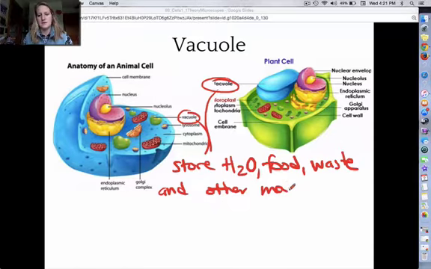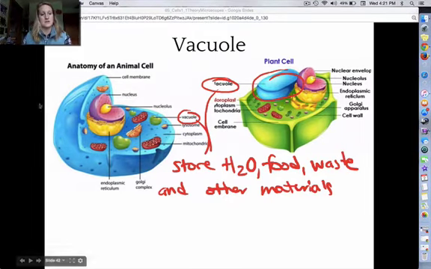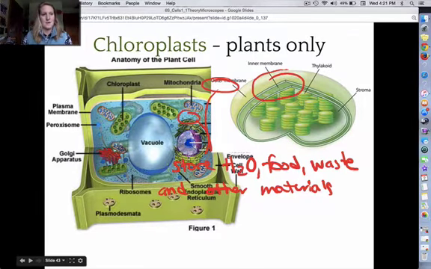Okay, and so it's pretty obvious why a plant cell really needs a vacuole and why it needs to be so large. It's, of course, to store that excess water or food that it doesn't need at that point because it's too cold out, and so it's not growing. It's just kind of hibernating.